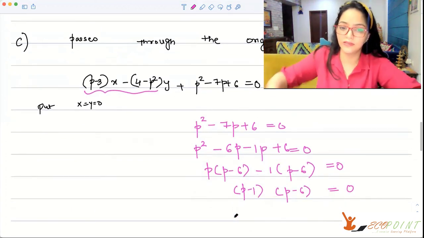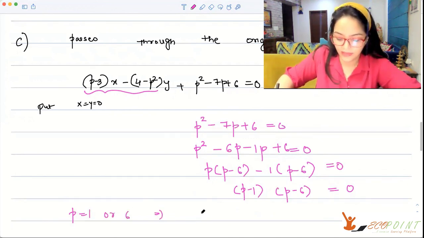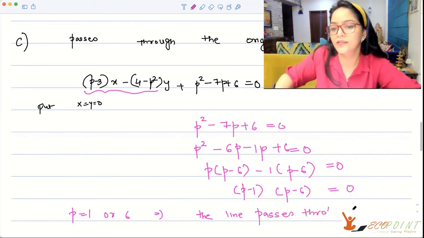That means P will be 1 or 6, which implies that the line passes through (0, 0), that is the origin.